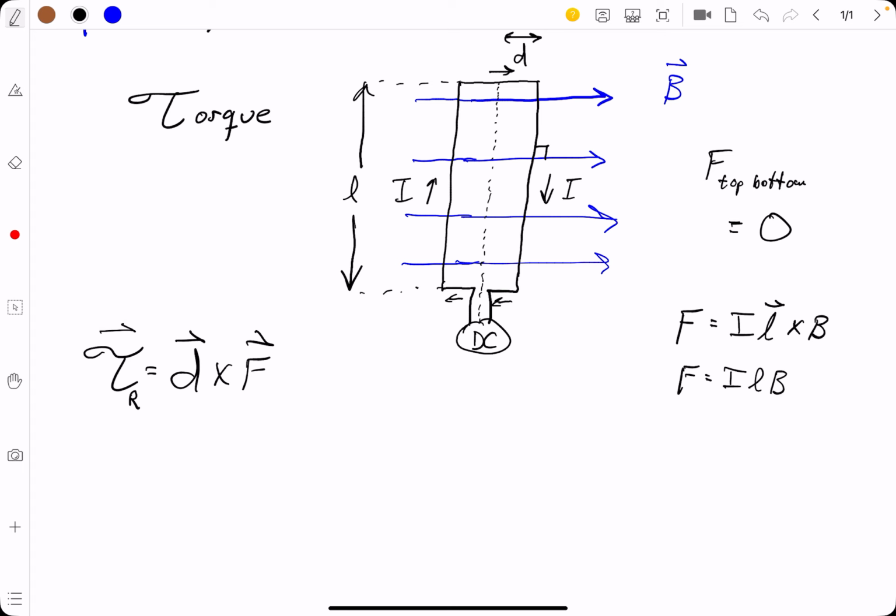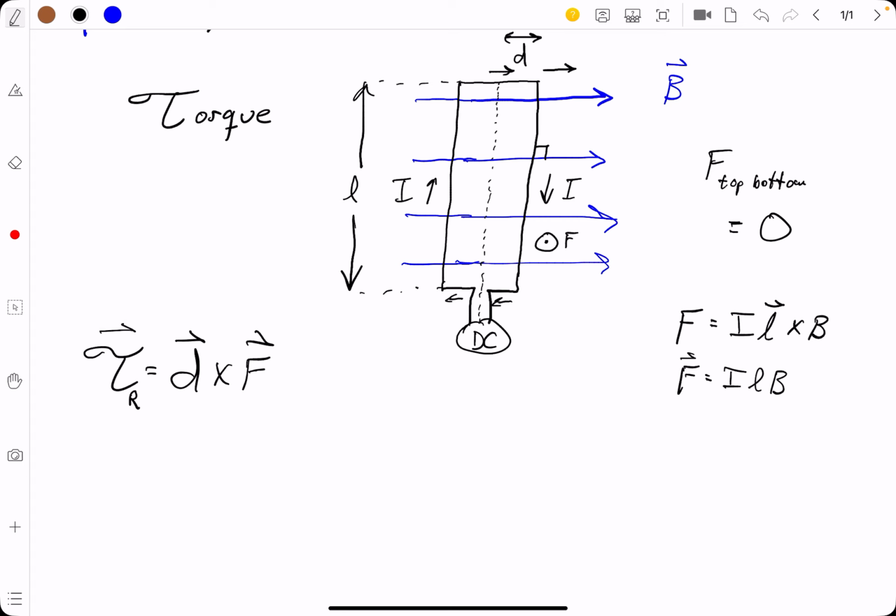Fine. Well, this force, what direction is it in? We're going to put our fingers along I, we're going to curve them toward B, and our force is toward us. Okay? So now we figured out which direction the force is, and we've got D, and our D is pointing in this direction.